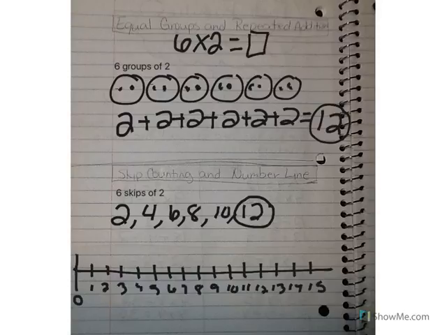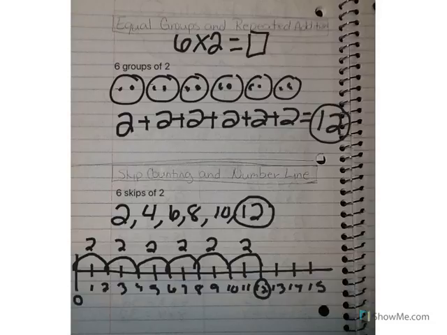Next, I should have drawn my number line. Again, I'm going to do 6 skips of 2. So here's 1 skip of 2, 2 skips of 2, 3 skips of 2, 4 skips of 2, 5 skips of 2, and 6 skips of 2.